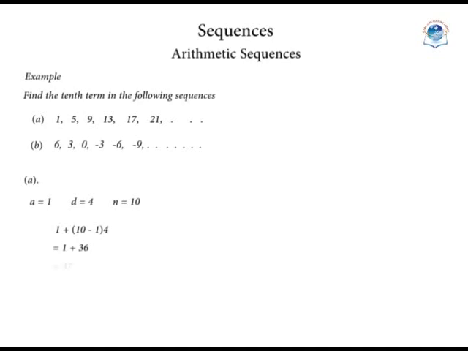And so the answer is 37. For the second one, A is 6, D is minus 3, and n is 10. And so we shall have 6 plus 10 minus 1 times minus 3. That gives us 6 plus 10 minus 1 is 9 times minus 3 is minus 27. And the answer is minus 21.